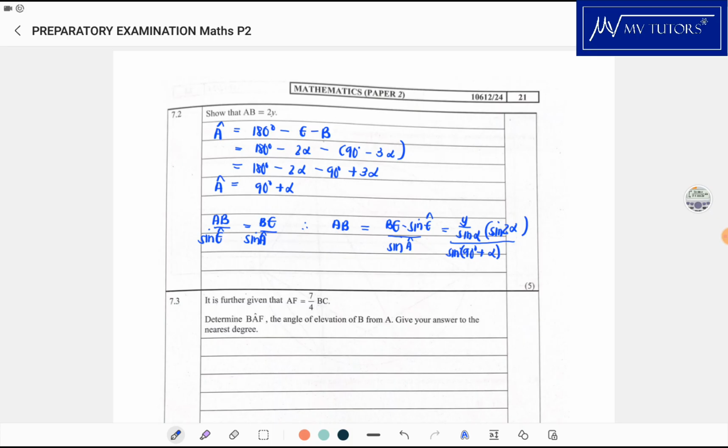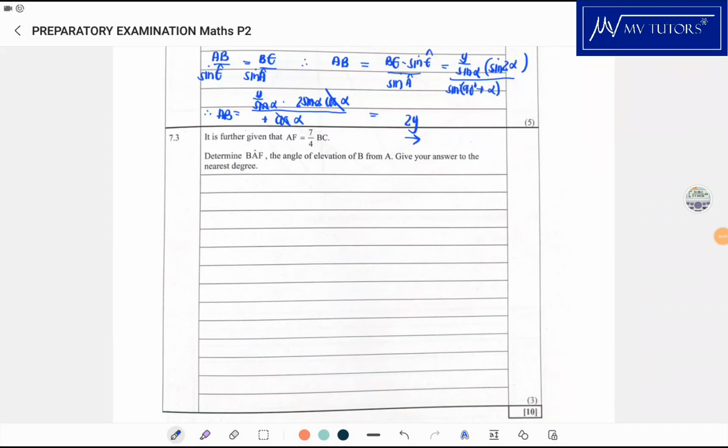Therefore I have AB equal to y over sine alpha times 2 sine alpha cos alpha, and at the bottom I have sine of 90 plus alpha. 90 plus alpha is in the second quadrant, and sine is positive there. The sine and the 90 turn this into a cos. So I can already cancel the cosines, and also sine alpha. Then I have 2y. I almost said y over 2. So there we can see that AB is actually 2y.